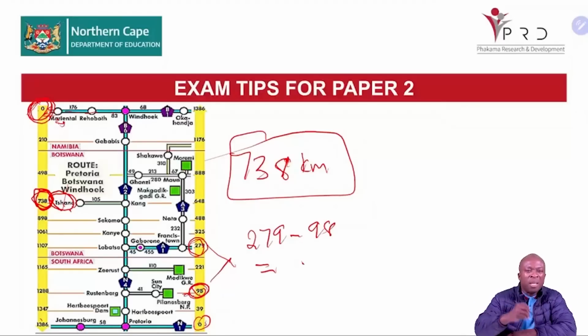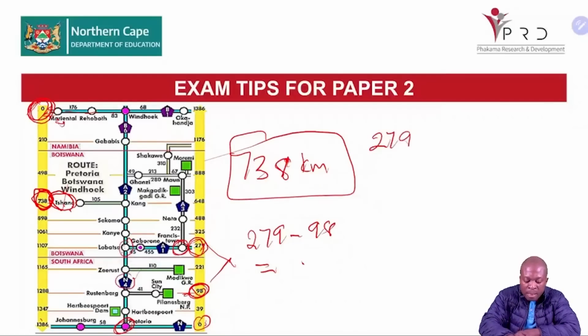If you are going to a place which is not straight, like let's say we are from Pretoria, but they are asking us to go to this town called Francistown using the N4, meaning we are not going direct, so the distance is not 279. In that case, we will take the distance from Pretoria to Lebatha, which is 279. So you write your 279 down. Then from Lebatha to Francistown, what is the other distance? There is the distance that is given.